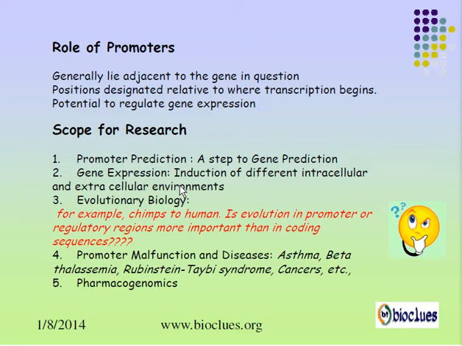And by inducing different intracellular and extracellular environments, we could study the effect of the environments on gene production and how the gene reacts. Also, by inducing different drugs at the promoter region, we could check the gene expression pattern, and this field is called pharmacogenomics.